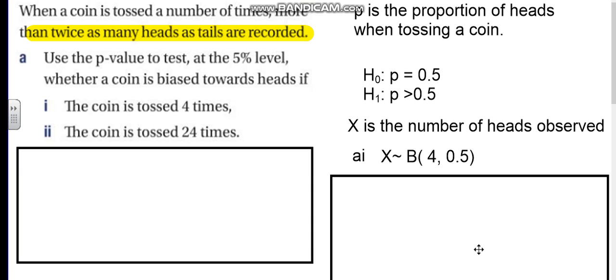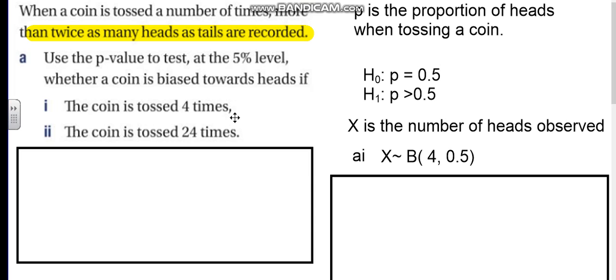Now, in most questions, you'd be told what your observed value is. In this question, we've got to work it out a little bit, and it comes from this highlighted bit here, that we know that more than twice as many heads as tails are recorded. So if we're tossing 4 times, that's fairly easy to work out. If 0.5 was true, we'd have 2 of each, okay?